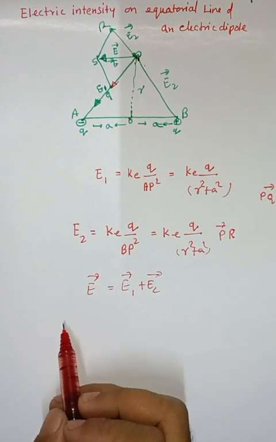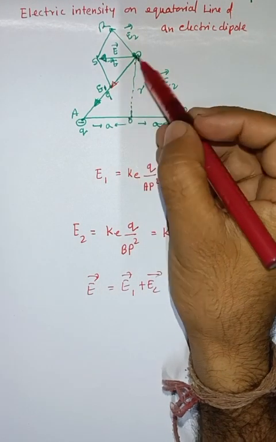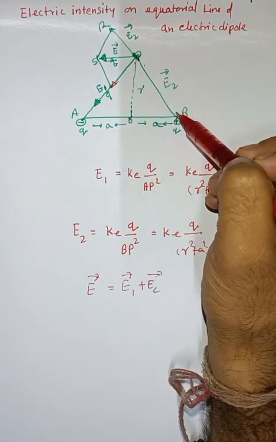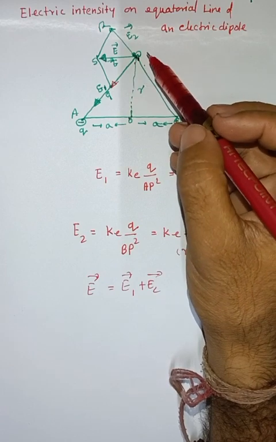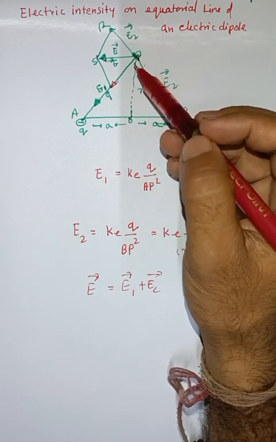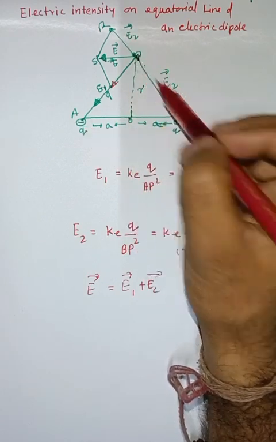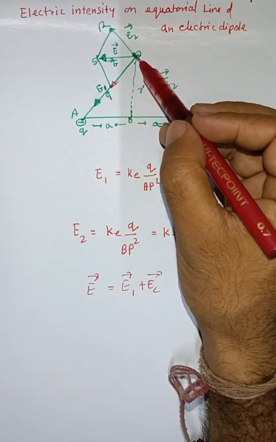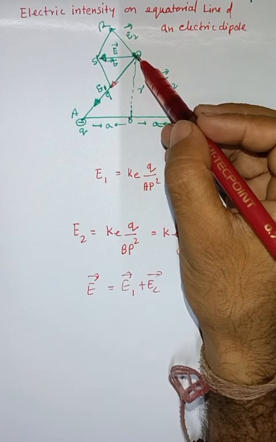Since E1 equals E2, and PA equals PB, vector E1 and E2 can be represented by the sides PA and PB of a triangle. Now we can apply the triangular law of vector addition.